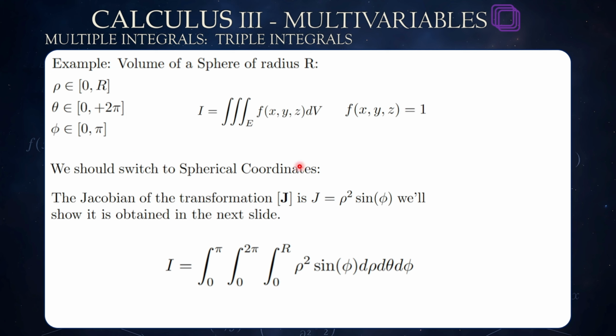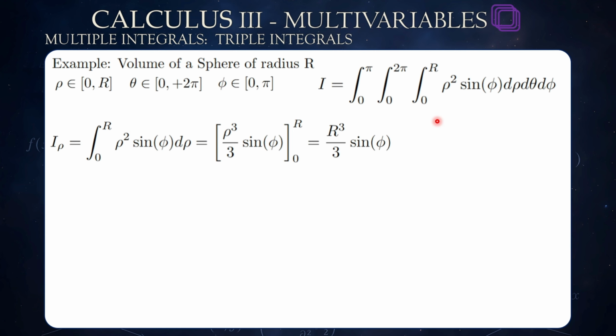Now the Jacobian of the transformation, which we will see later how we got it, is J equal to ρ² sine φ. I is equal to the integral from 0 to π, which is over φ, the integral from 0 to 2π over θ, and the integral from 0 to r of ρ² sine φ, the Jacobian of the transformation, dρ dθ dφ.